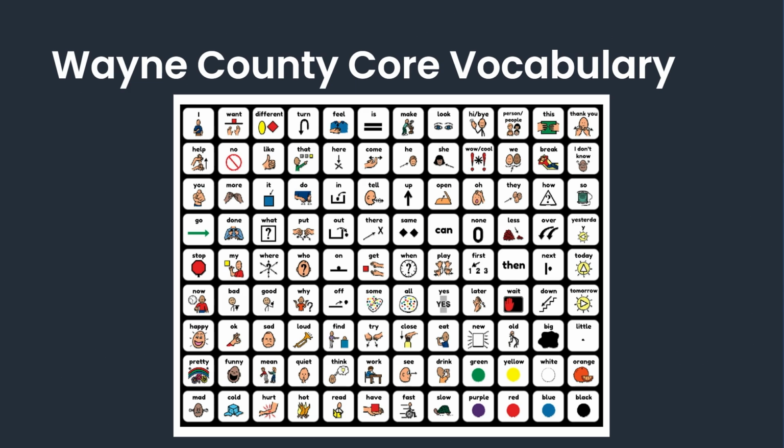So if you look at this board here, we have all of those other core words that I was saying a second ago: my turn, your turn, do it, I want that. And using these core words combined with context cues in our environment, we can communicate a lot. This does not give access to robust language.